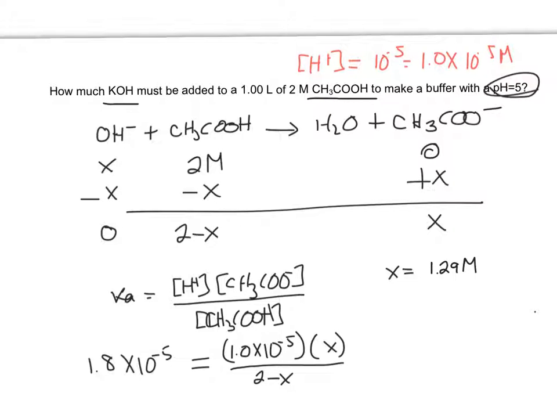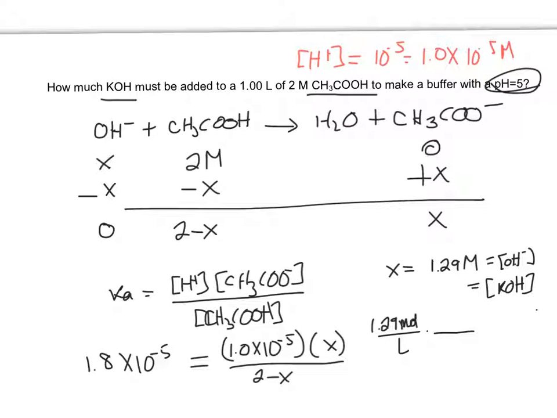And so that should be my starting concentration of my hydroxide, which is my starting concentration of my KOH, because everything's a 1-to-1-to-1 ratio. And so 1.29 moles per liter of the KOH.